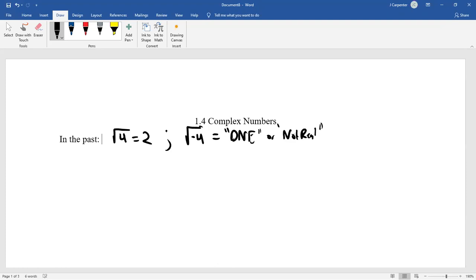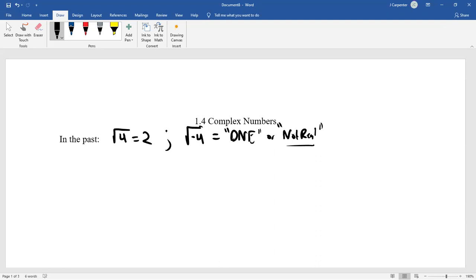The does not exist part is kind of a lie. Some teachers will just give you these little baby lies in lower level classes because it's not important at that point. But the not real, this is the better answer. In the previous math classes, you will never say this though at our level because that's as in the past.